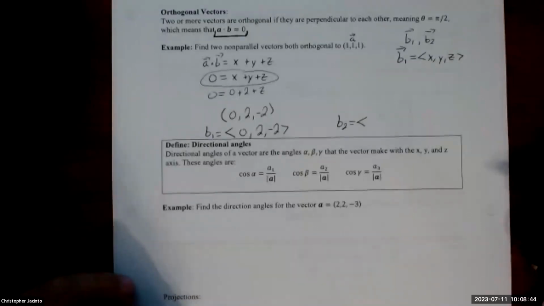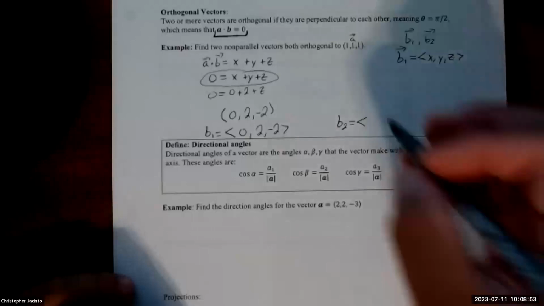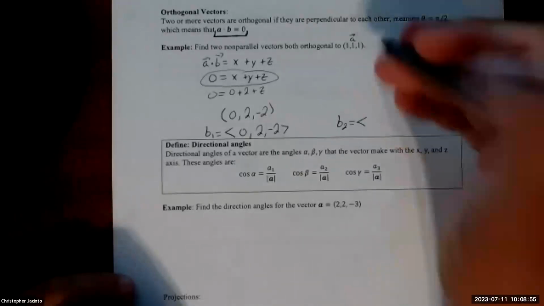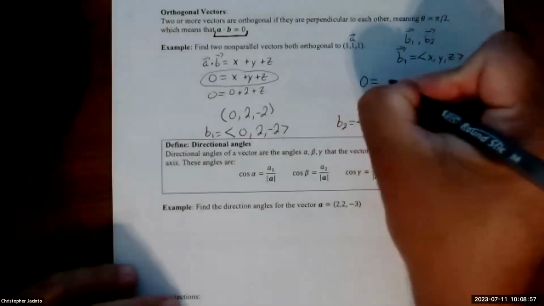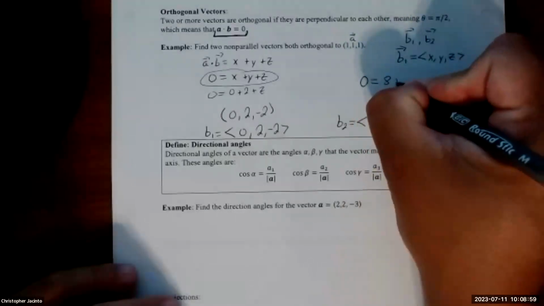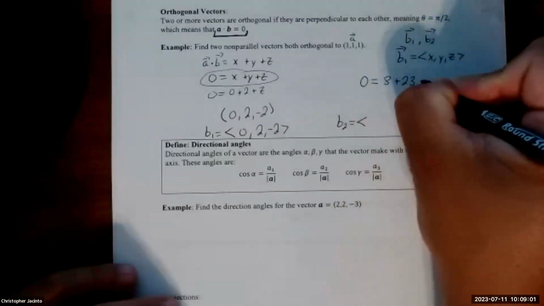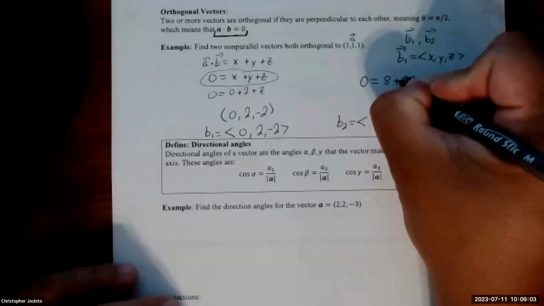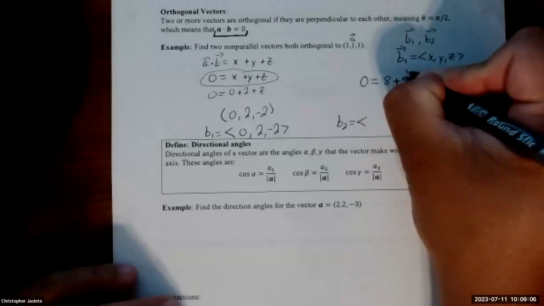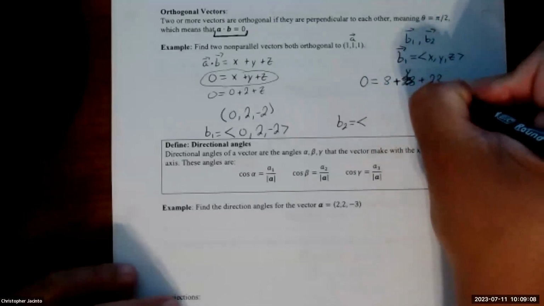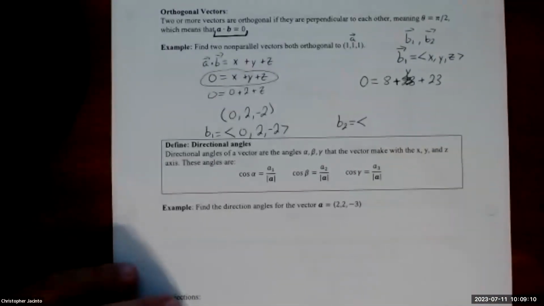What do you guys like? Give me any, what's your favorite number? First one I see I pick. 8. All right. So actually, we'll do 8 and 23. So if X is equal to 8 and Z is 23, well, what does Y have to be to get 0?